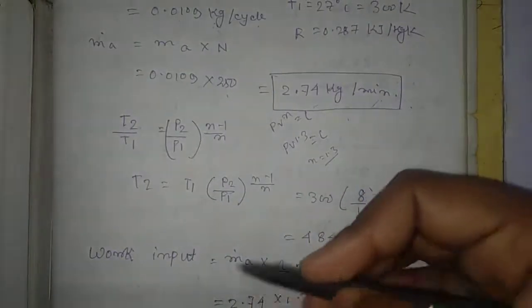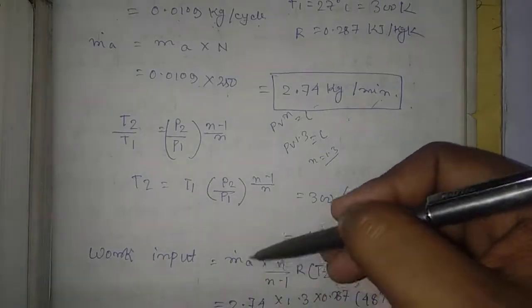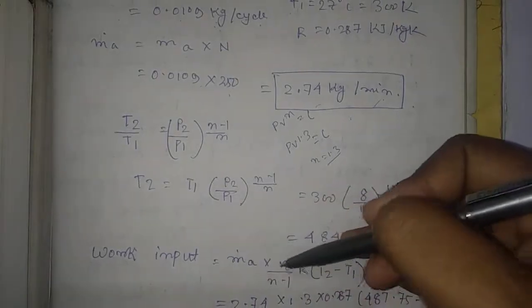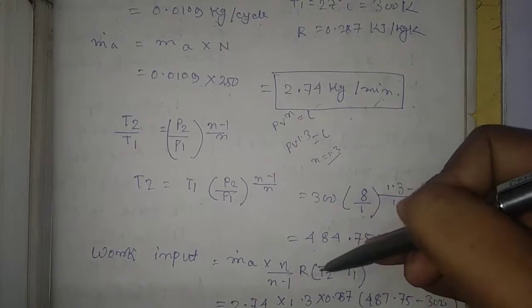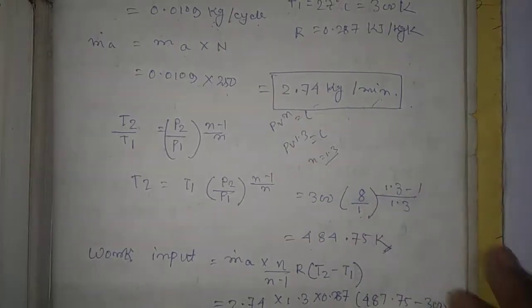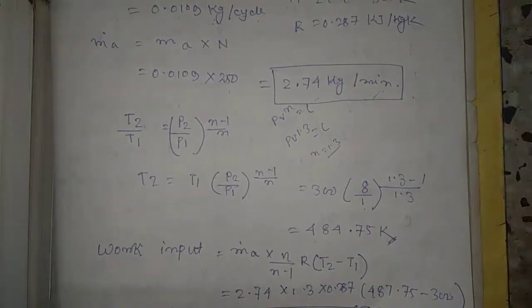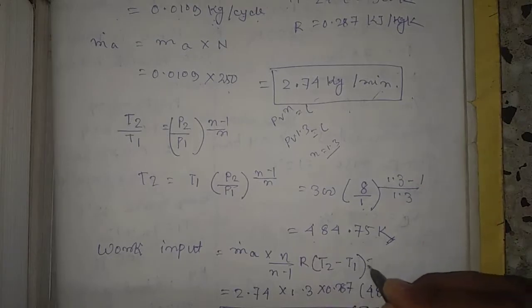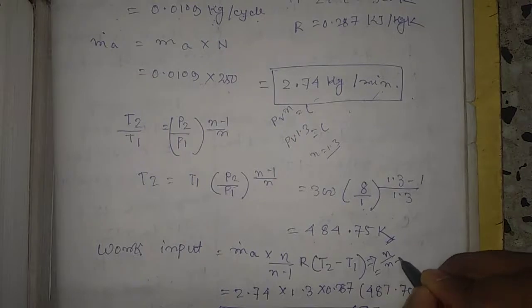So the mass of air compressed per minute into n minus 1 into R into T2 minus T1. Sometimes this equation is written as n by n minus 1, you are familiar with these equations.